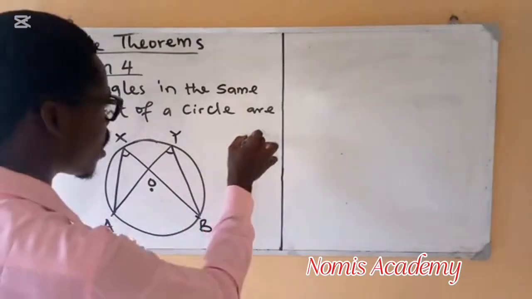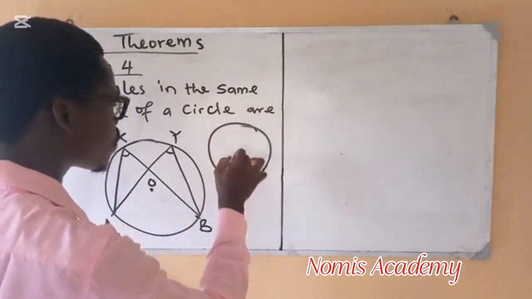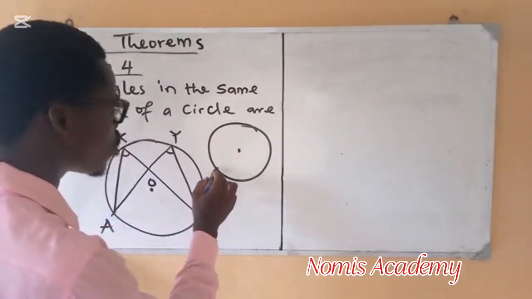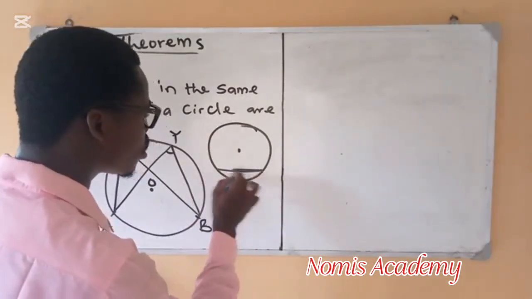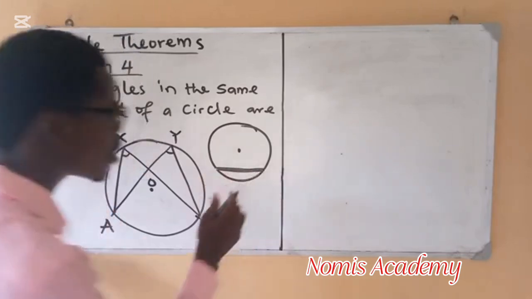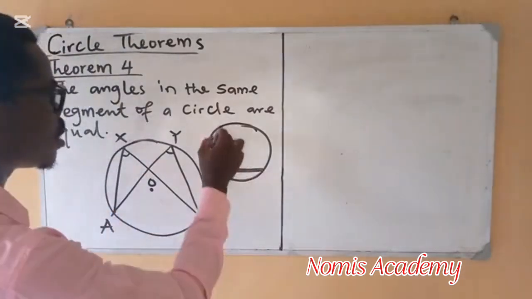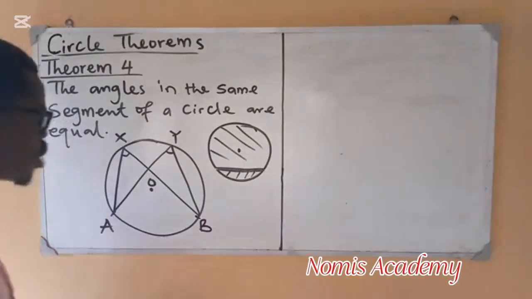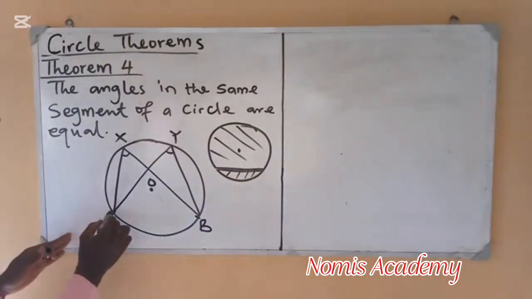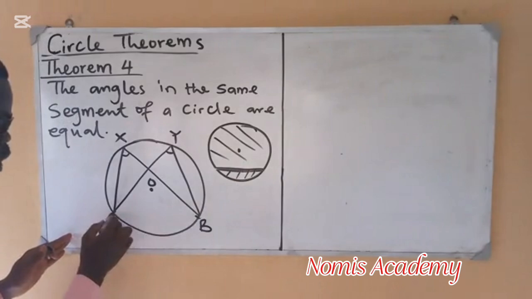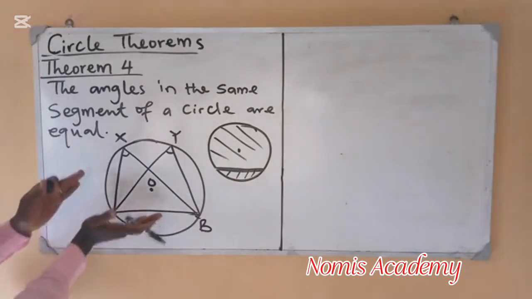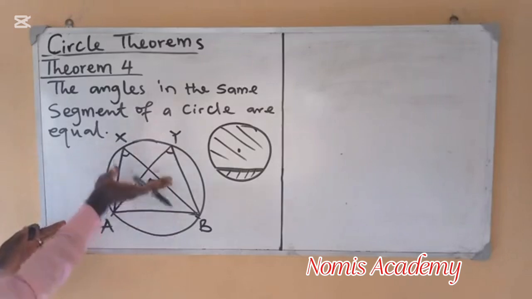Okay, when we talk about segments, when you divide a cycle with a chord or by a chord, let's say this is a chord, the chord divides the cycle into two segments, the major segment or the minor segment. So now you can see that if you draw a chord here, you will agree with me that the chord forms two segments and this is the major segment.